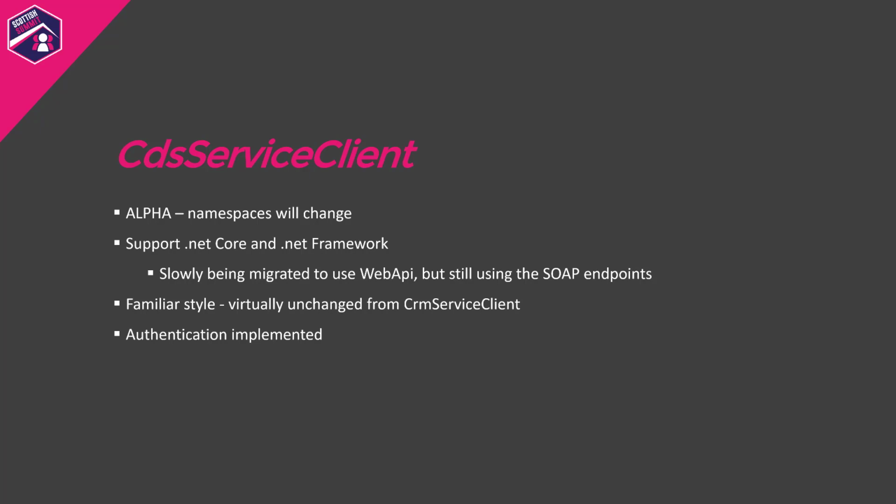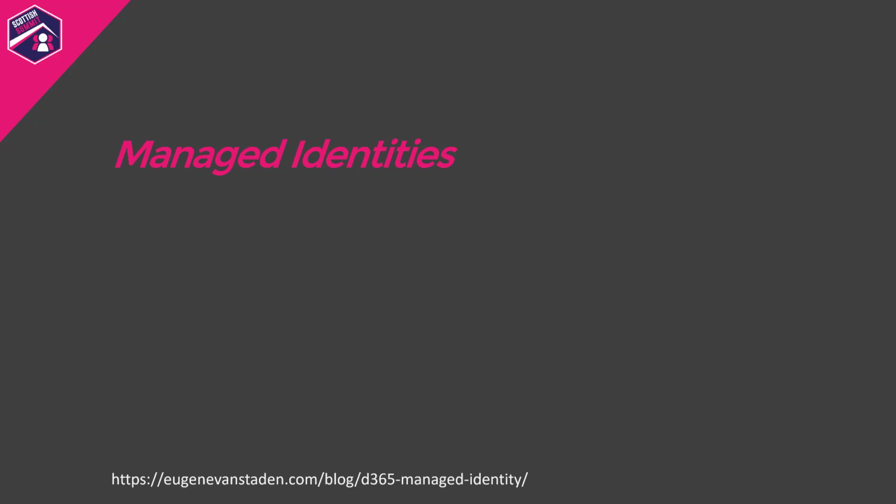Same authentications are implemented. Error 429 again is supported. Supports LINQ, but only just recently it now has asynchronous support. So that's particularly interesting. Haven't yet tried it out, but that's good news. But again, it's alpha, so I'm not going to cover it too much more, but it is part of where the future is heading.